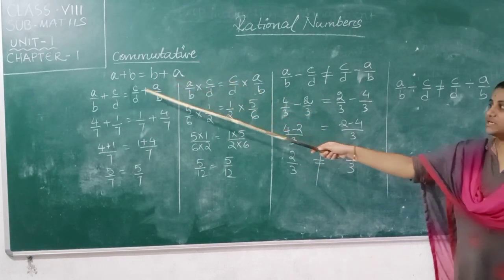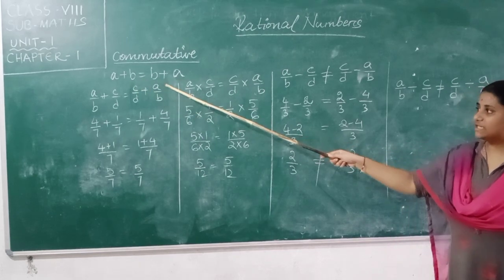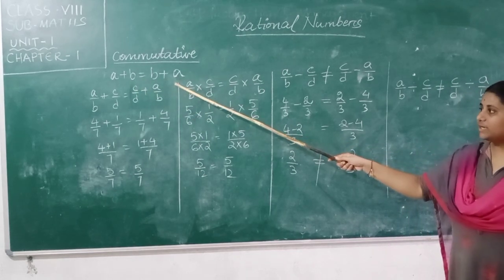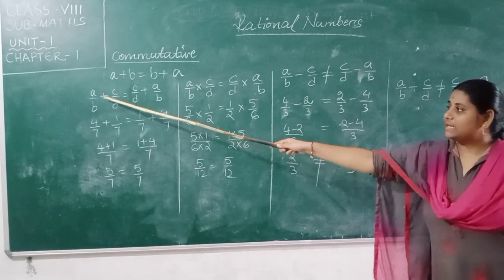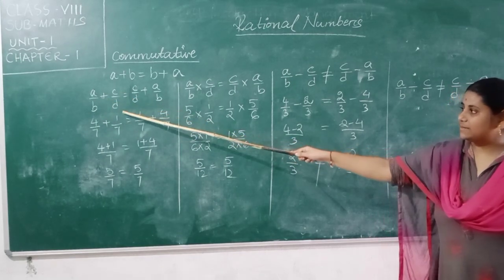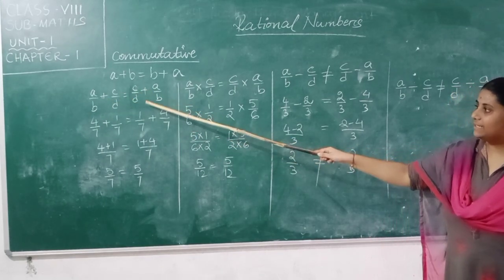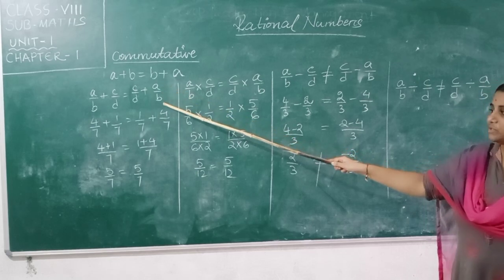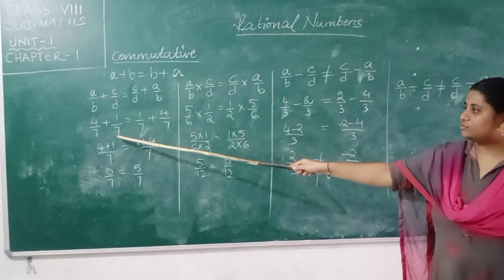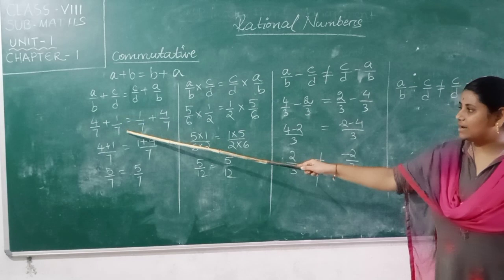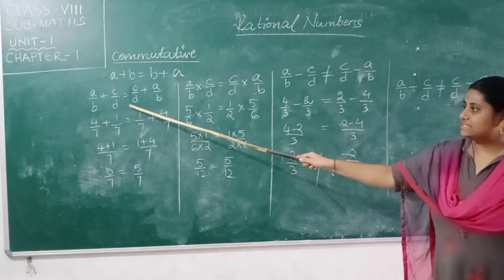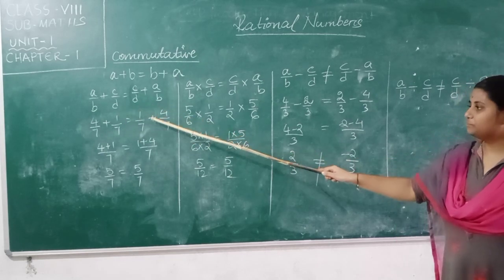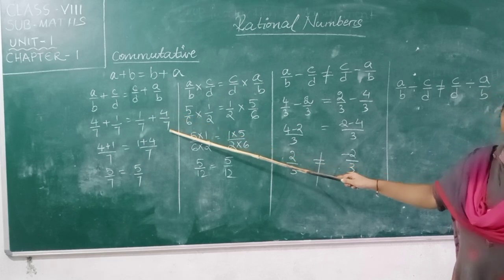In whole numbers, we have learned that a plus b is equal to b plus a. So in rational numbers, a by b plus c by d equal to c by d plus a by b. Let us go through an example. Here I took 4 by 7 plus 1 by 7 equal to, the reverse of these two we should write, so 1 by 7 plus 4 by 7.